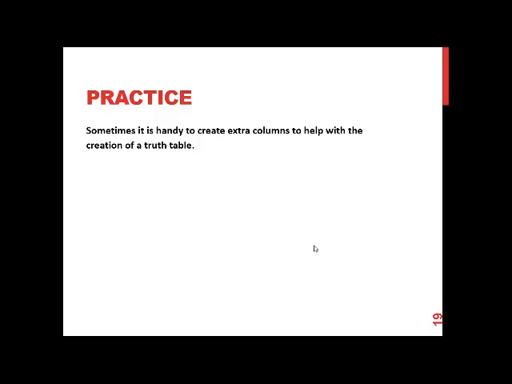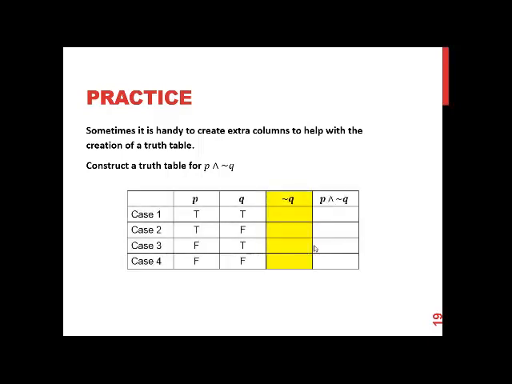Now, when we get to the uglier, more compound statements, it can be helpful to create some extra columns for us. For example, construct a truth table for P and not Q. So what I'm going to do is add a column for the not Q, because I'm comparing a P to a not Q. So eventually I'm going to be looking at this P column and this not Q column.